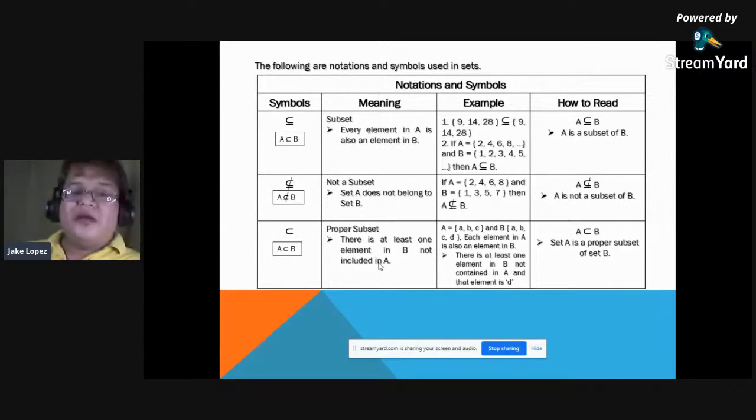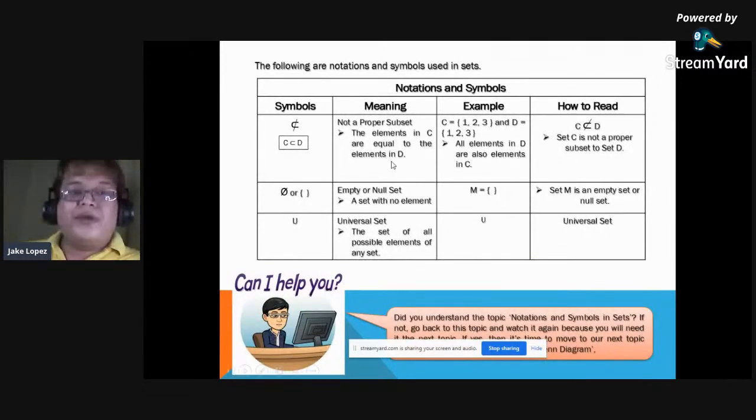And then, ang letter D ay wala sa set A. So A is a proper subset of B. Ibig sabihin na pareho sila ng elements pero may isa na hindi. So we can call that a proper subset pa rin kahit na meron silang isa na hindi kabilang.